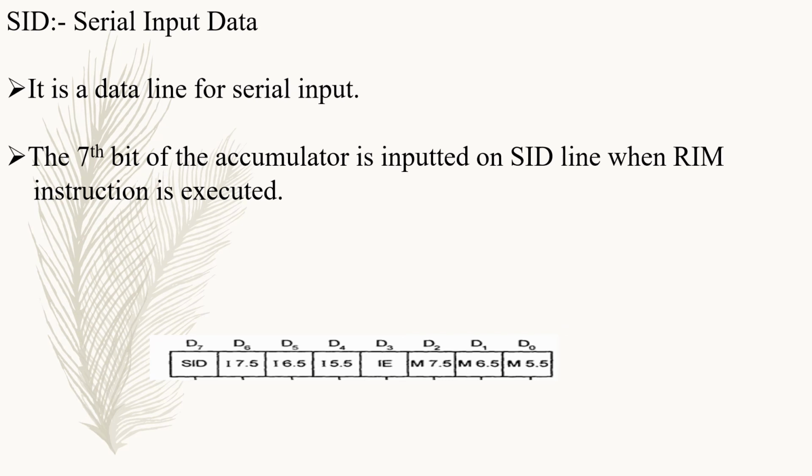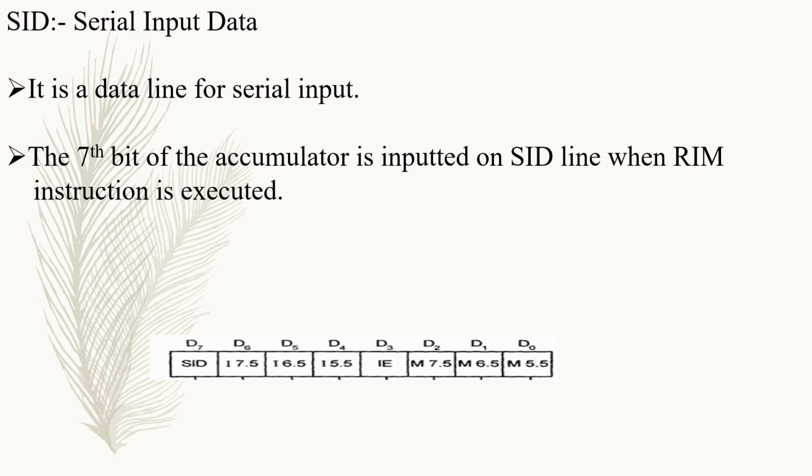So in order to transfer the data in a serial way, we have to execute the RIM instruction, in which we have to make the seventh bit active.